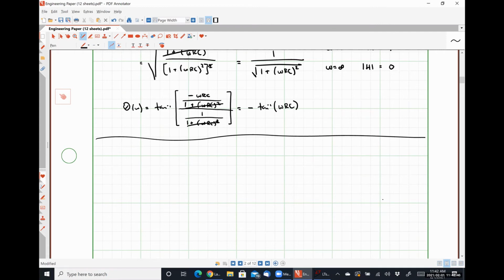If we want to express it in terms of decibels, then we have 20 log of V out over V in, specifically the magnitude of the output voltage divided by the magnitude of the input voltage, which gives us H of omega with units of decibels.